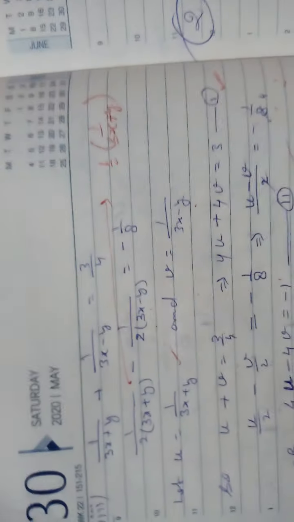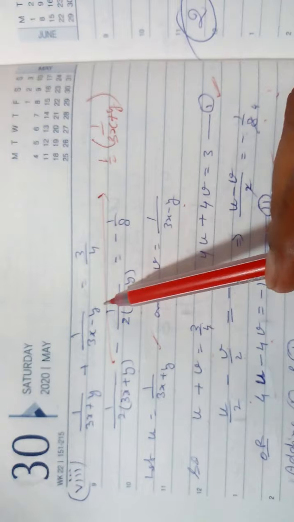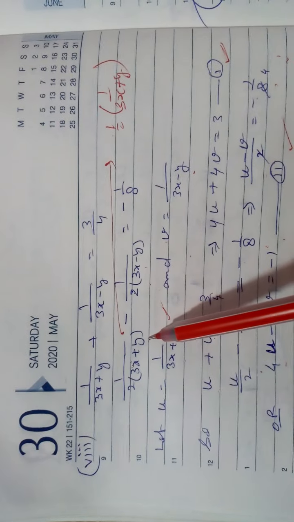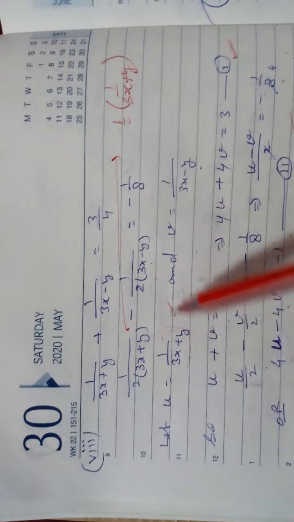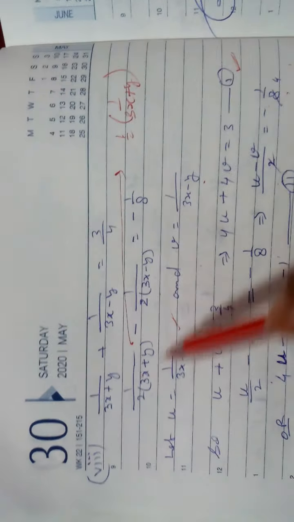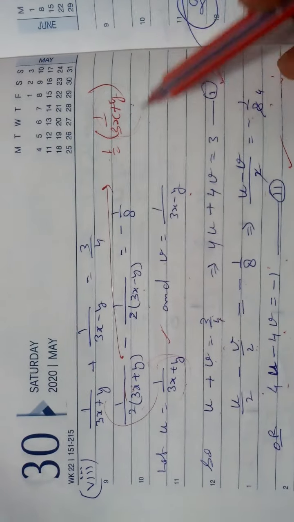Eighth part, the last part: 1 upon 3x plus y, 1 upon 3x minus y, equal to 3 by 4. But here 2 is also given with 3x plus y, so you can write this as 1 upon 2 like this. Let this part be u and the other be v.